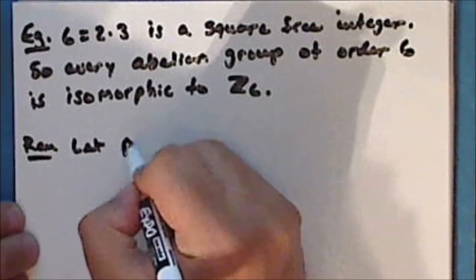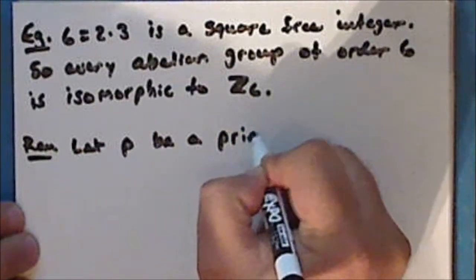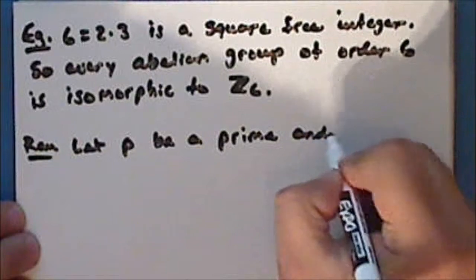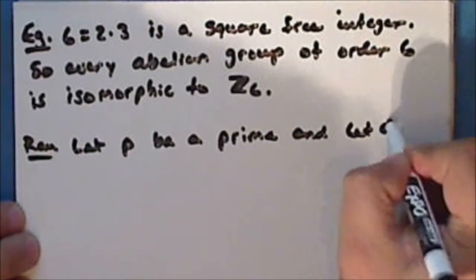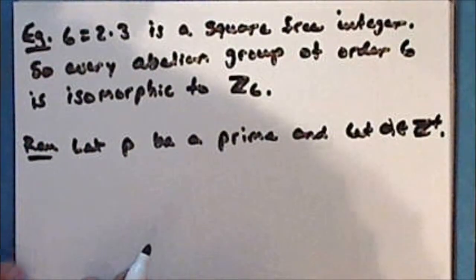Now let p be a prime and let alpha be a positive integer.